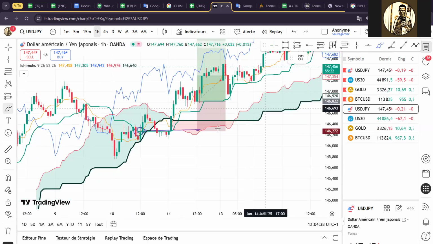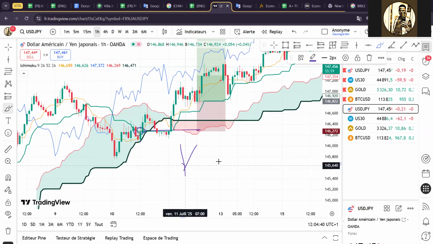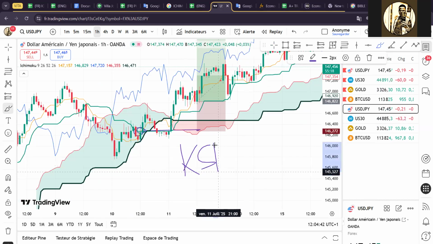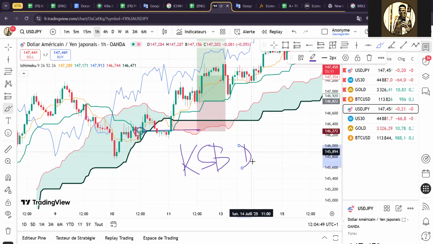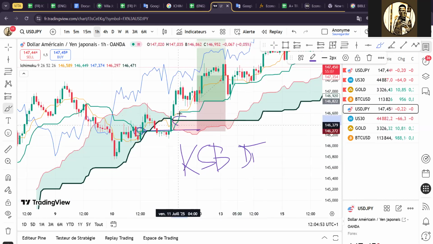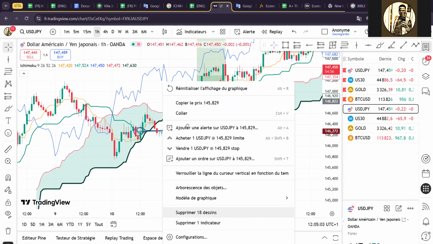KSB is a diamond configuration. So it's very solid. When Kijun goes above the SSB like this, it is rare that you see it coming back down. It's a good signal. It's one of the most powerful uptrend confirmations that you can have.